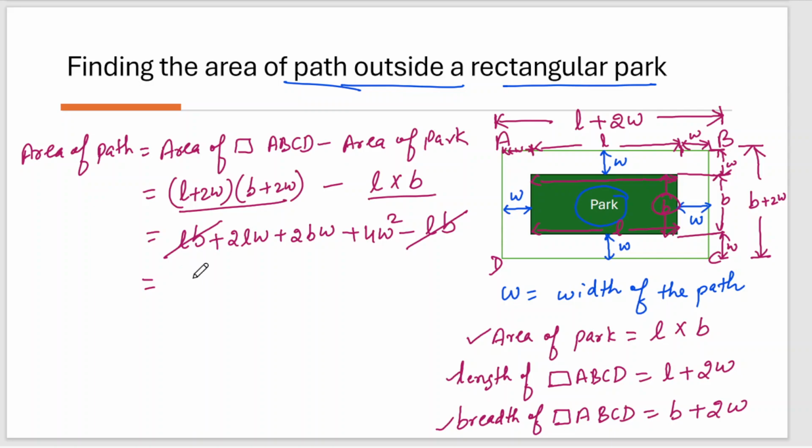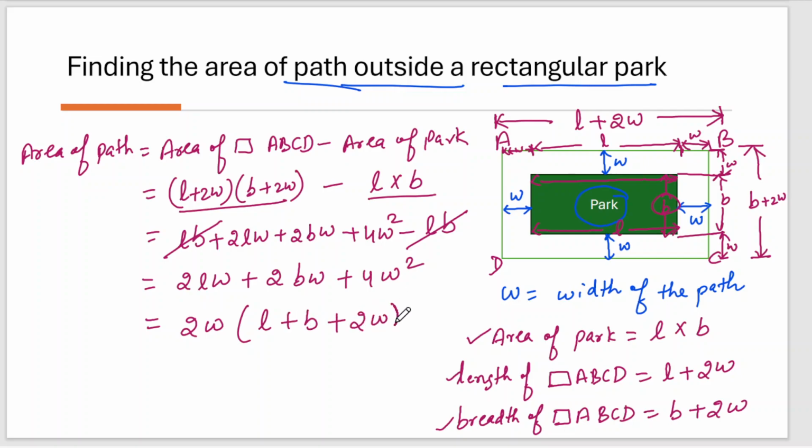So you are left with 2LW plus 2BW plus 4W square. So we can see we got 2W as common. So we are left with L plus B plus 2W.